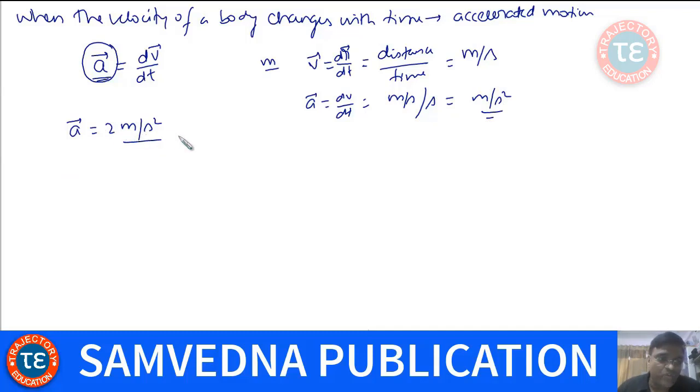So when acceleration is 2 meter per second square, what does it mean? It means that the velocity is increasing at the rate of 2 meter per second per second.